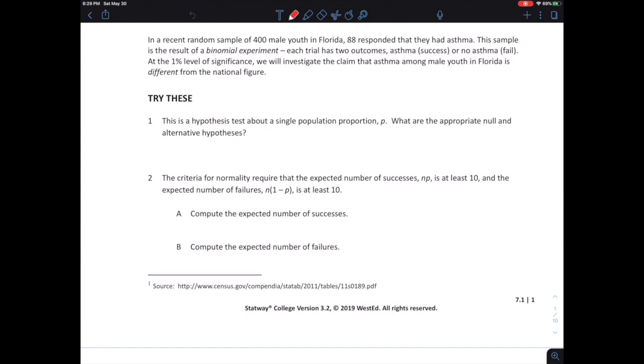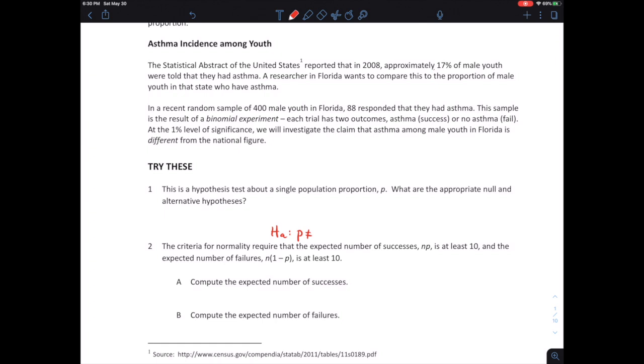Well, it's nice to start with the alternative hypothesis, and they're saying that the proportion of male youth in Florida with asthma is different, that is not equal, from the national figure, which up above, remember, is 17%. p is not 17%, is what they're saying. And so the null hypothesis, of course, has to be p equals 0.17.